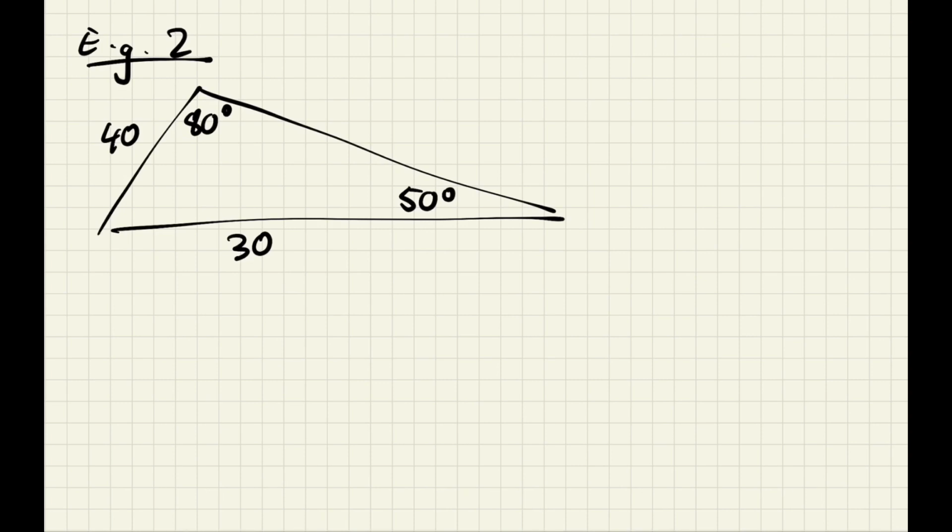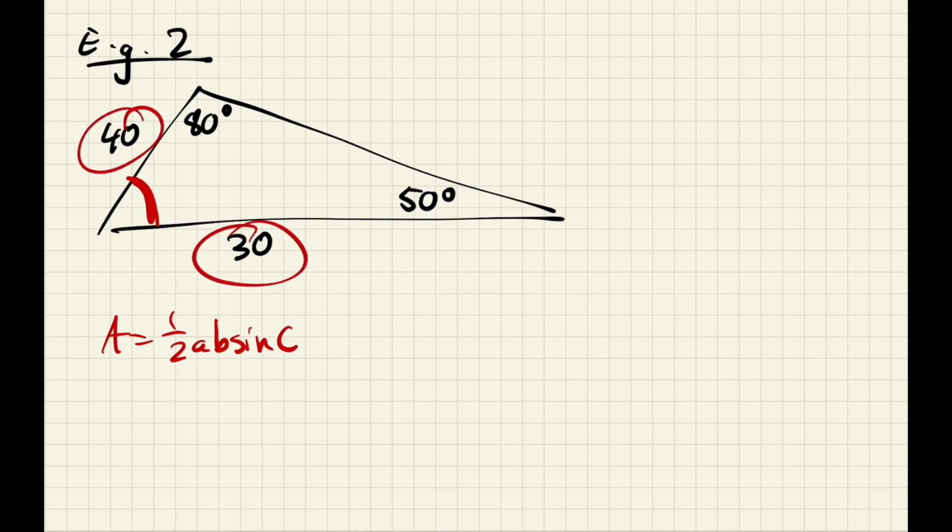Now, which angle do we substitute? The short answer is we need to find out what this angle is here and substitute that one, because the angle that we substitute into our formula, area equals half AB sine C, must be the included angle between our two sides that we know. We cannot substitute 80 and 50 because those aren't included between our two sides.